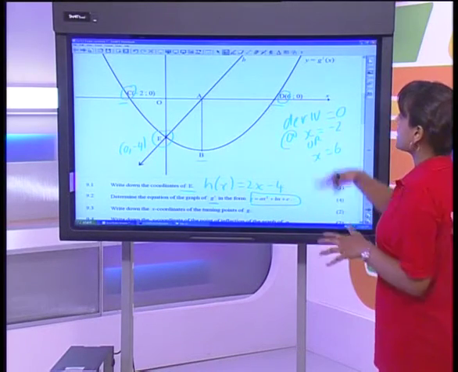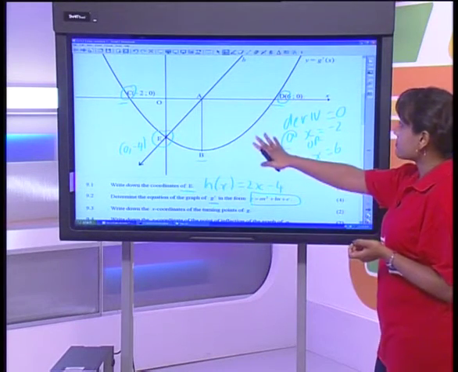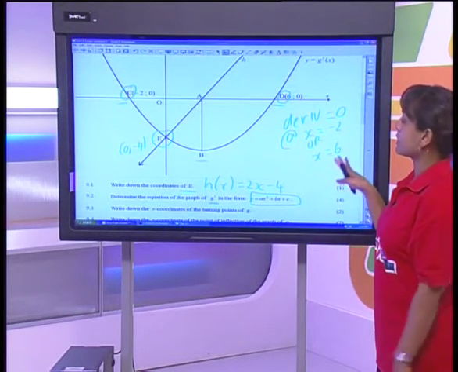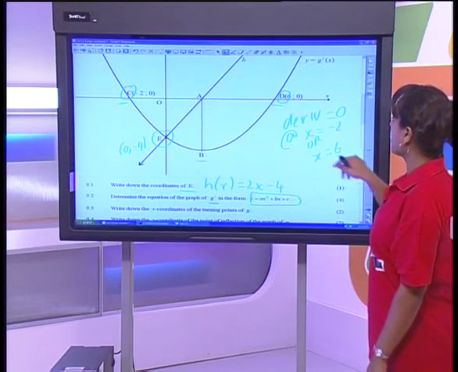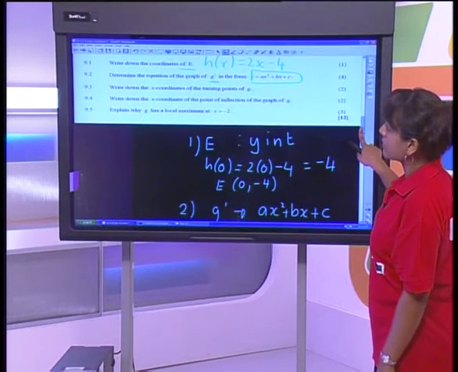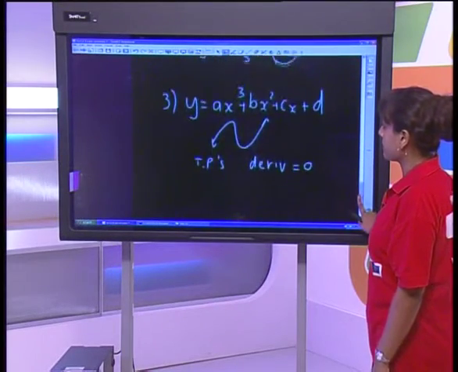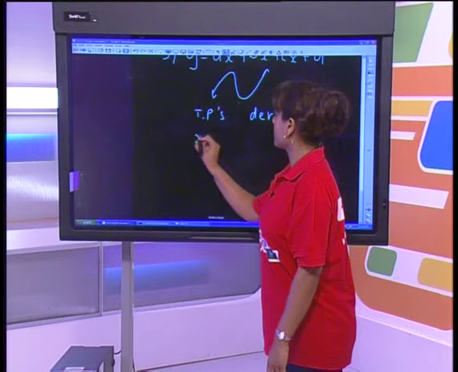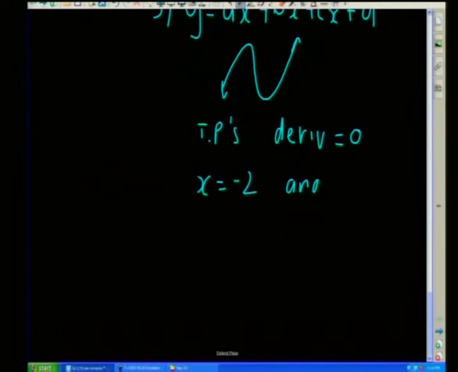So therefore, the derivative is equal to 0 at the x-intercepts. So that means that the original graph will have turning points at x is equal to -2 or at x is equal to 6. And that's the answer for that one. Write the x-coordinates of the turning points of G. And the answer there is going to be x is equal to -2 and x is equal to 6. And this is an important concept, so I hope you guys understand that.